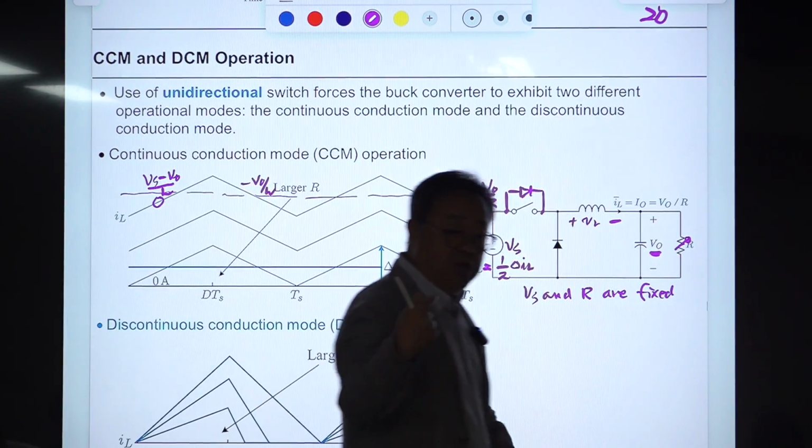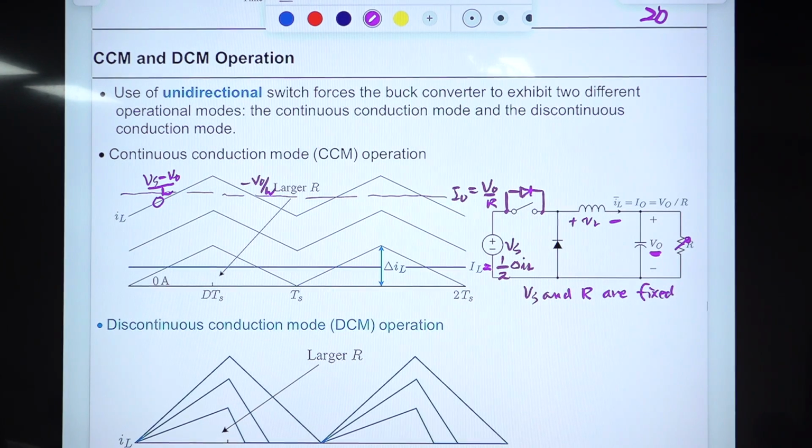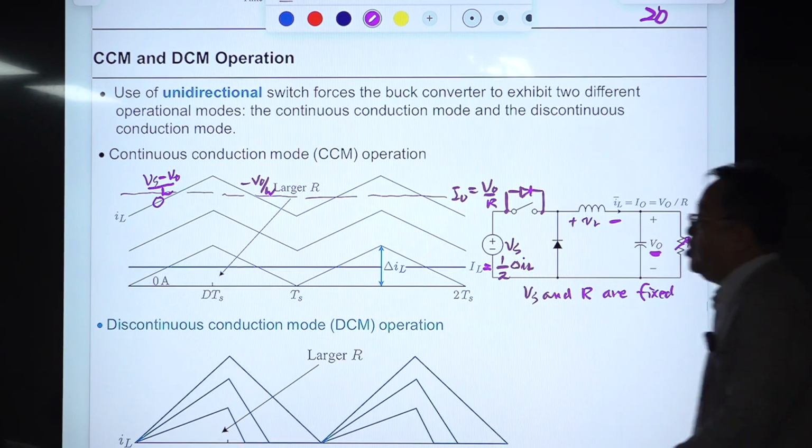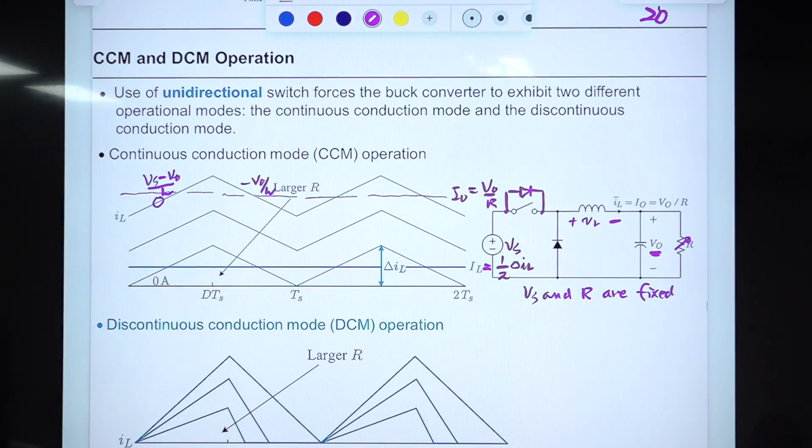What will happen if you further increase the load resistance? If it follows this operational principle, suppose it keeps the previous trend, then it will be something like that. This is impossible.